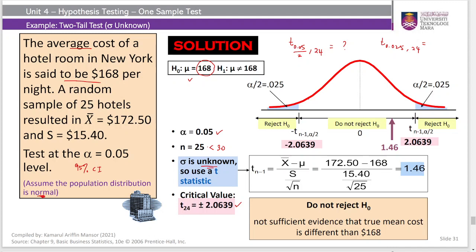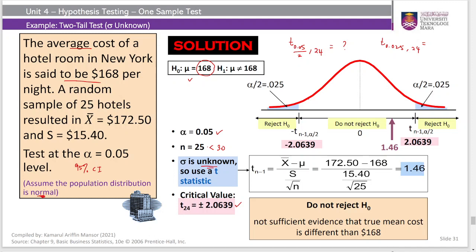If the given information is variance, that means here you have to take the square root of the variance in order to get the value of s, because you know that s is simply the square root of s squared, where s squared is the variance and s is the standard deviation. Calculating this value by substituting the correct information into the formula, you get the t statistic value to be 1.46.